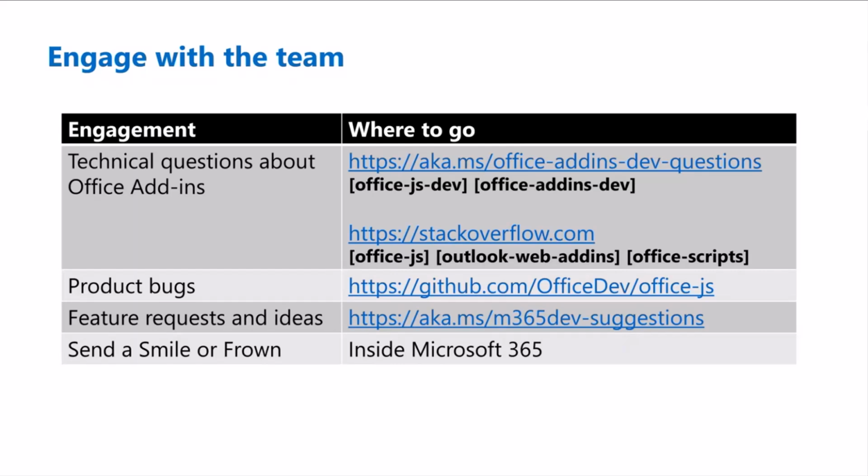For example, if you have some technical questions about Office add-ins, like how to implement a feature, you can go to these two links to ask the teams. And if you encounter some bugs, or you have some ideas or new feature requests, you can go to these two links to report a bug or an idea there.